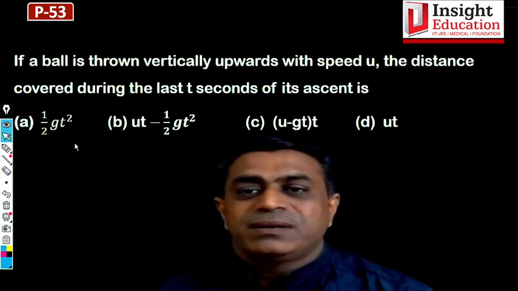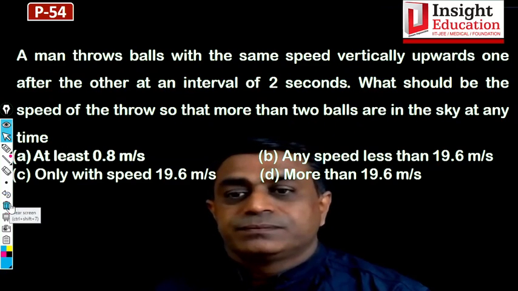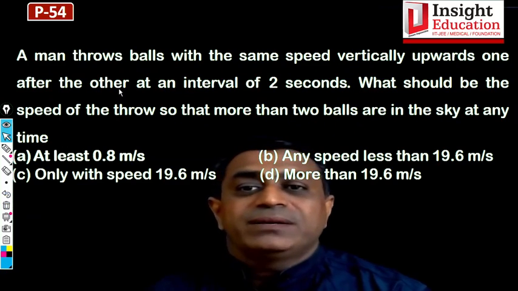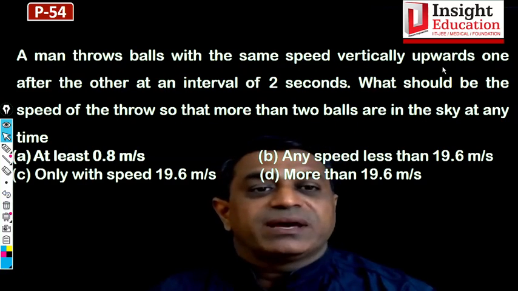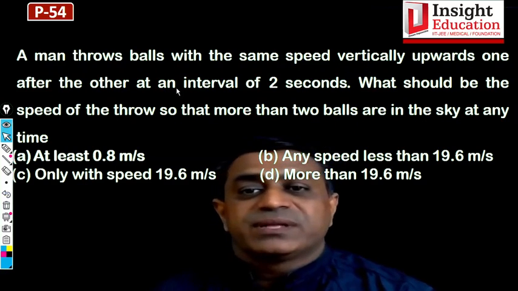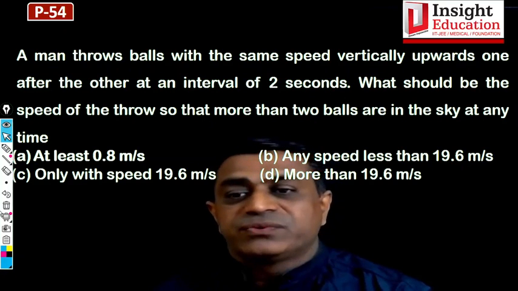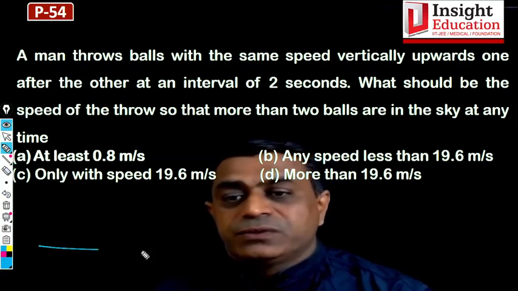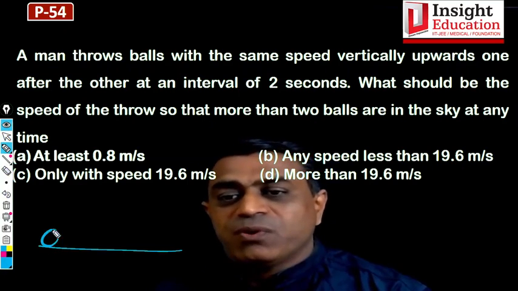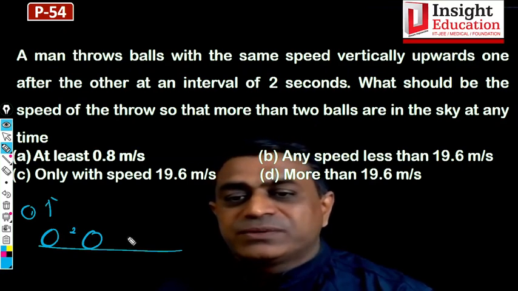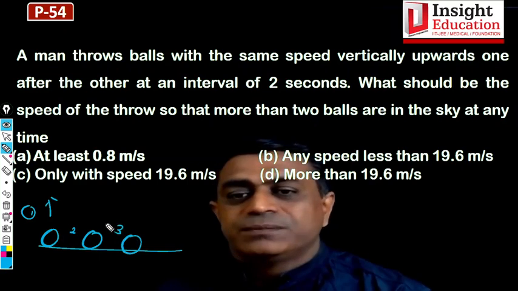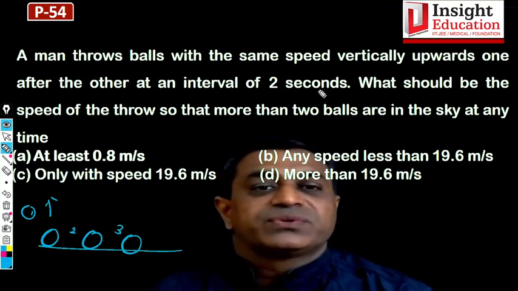Next example. A man throws balls with the same speed vertically upward, one after the other at an interval of 2 seconds. So suppose a man throws the first ball, then the second ball after 2 seconds, then the third ball at an interval of 2 seconds.